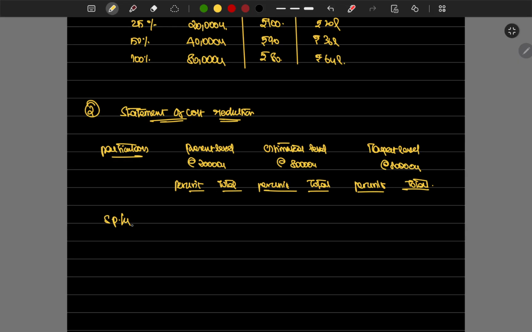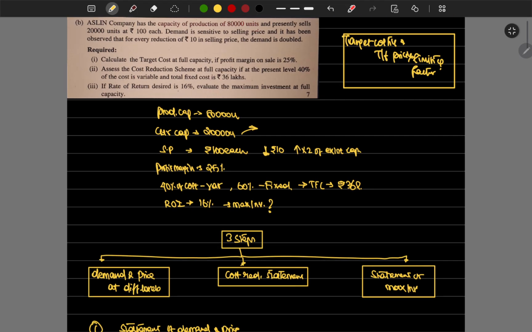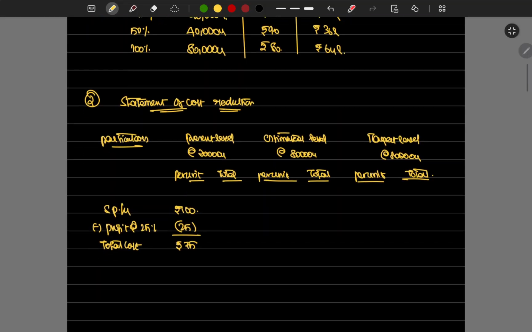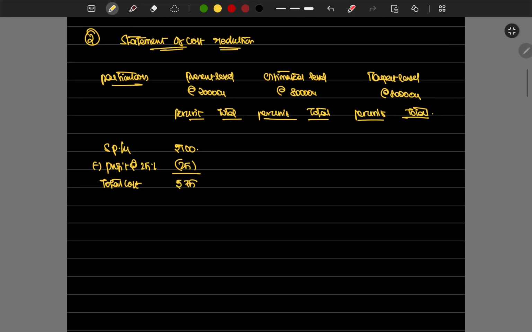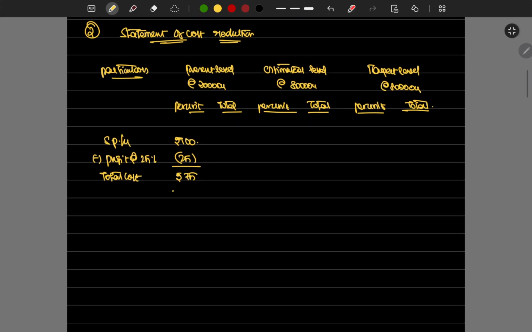What's the selling price per unit? Selling price is rupees 100, minus profit at 25 percent, so 25 is the profit. Total cost rupees 75. Right, that's what is given in the question. Selling price is 100, 25 percent is the margin. In the total cost, 40 percent is variable, so variable cost per unit is rupees 30.